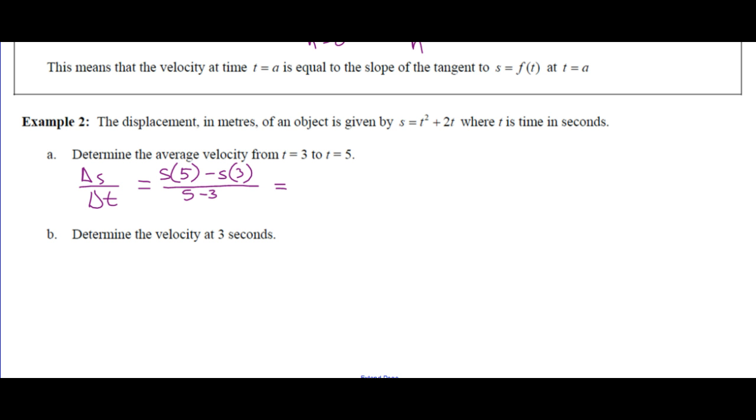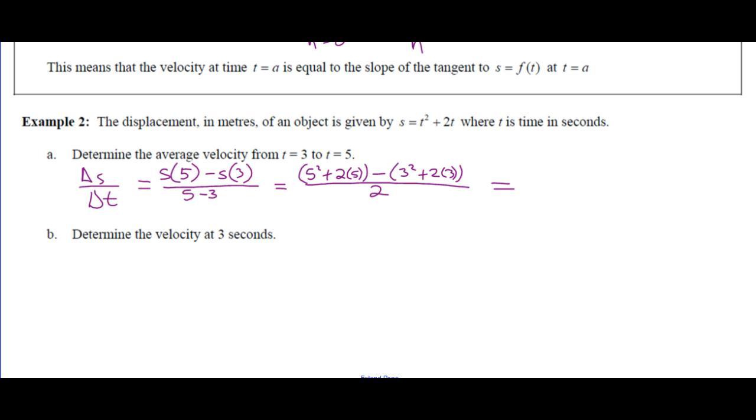And we can substitute in, so what do we get? 5 squared plus 2 times 5, minus 3 squared plus 2 times 3, over 2. And then we can work these guys out.